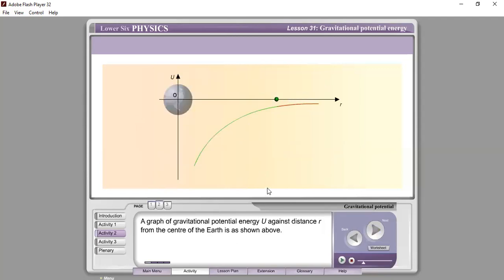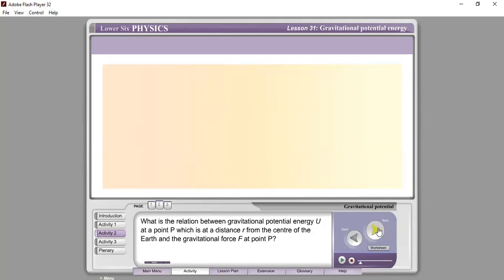A graph of gravitational potential energy U against distance r from the center of the Earth is as shown above. What is the relation between gravitational potential energy U at a point P, which is at a distance r from the center of the Earth, and the gravitational force F at point P?